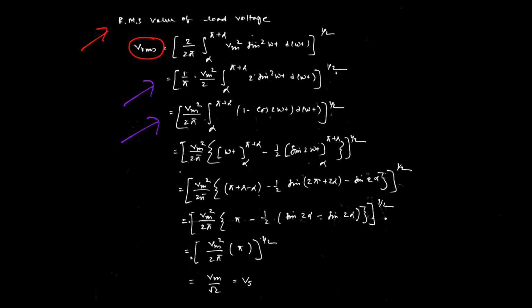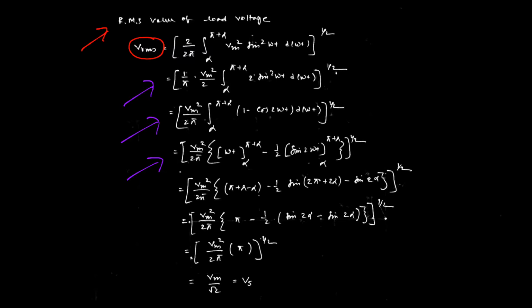Okay, now we can integrate both terms, 1 and cos 2 omega t. Integrating 1 gives omega t, and cos 2 omega t gives 1 by 2 sine 2 omega t. So we can rewrite the expression as Vm square by 2 pi, omega t with lower limit alpha and upper limit pi plus alpha, minus 1 by 2 sine 2 omega t from alpha to pi plus alpha, under root.